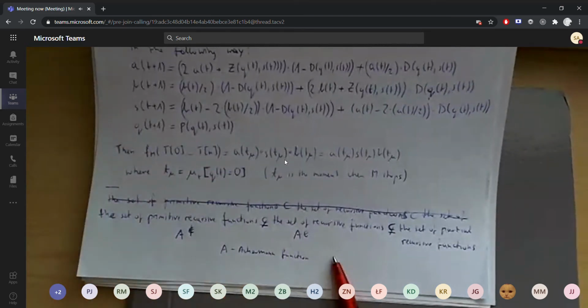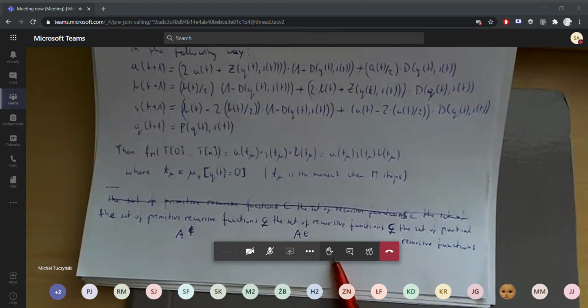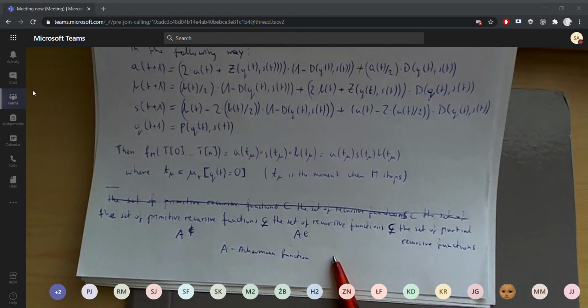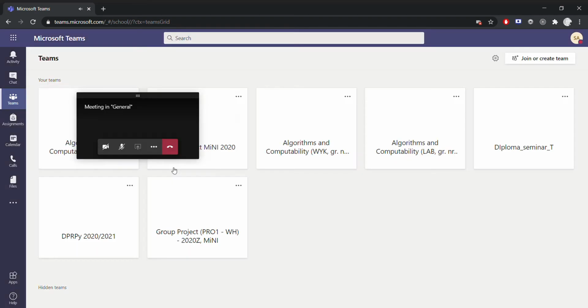So now can we do the tutorials? Sure. Okay, so I remember that there were some primitive recursive functions to define, to check that they are primitive recursive functions. Yeah.